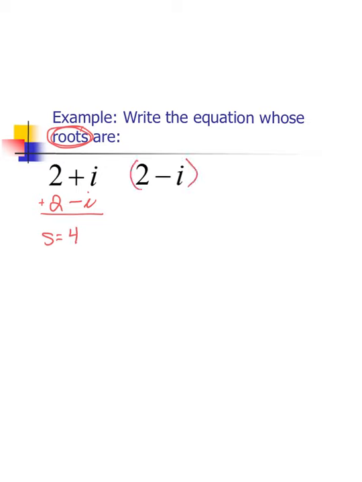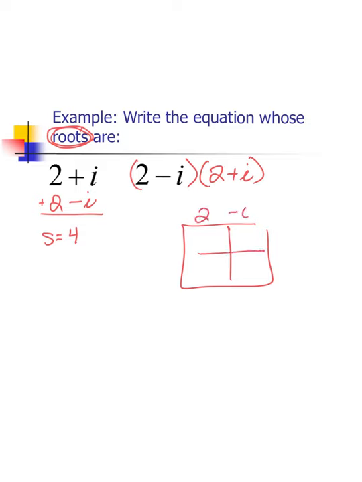And I have to multiply these. So 2 plus I. You could make the box. So 2 minus I, 2 plus I. This is 4 minus 2I plus 2I minus I squared. If you remember, I squared is really -1.